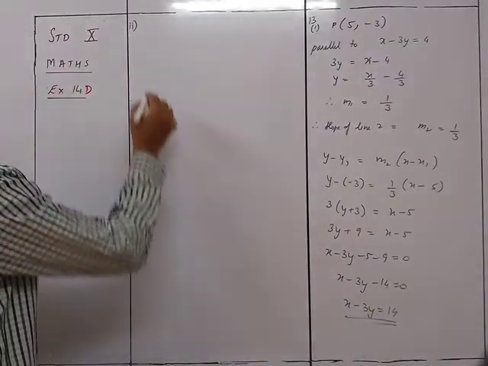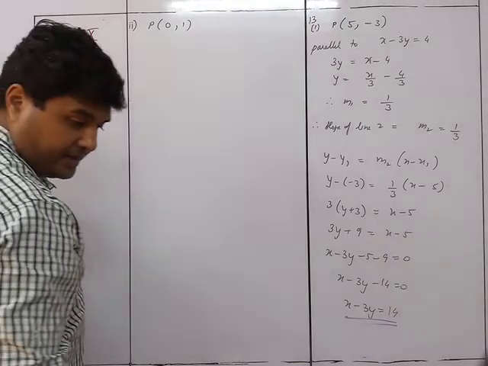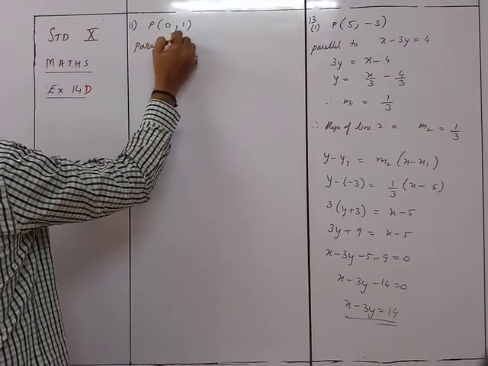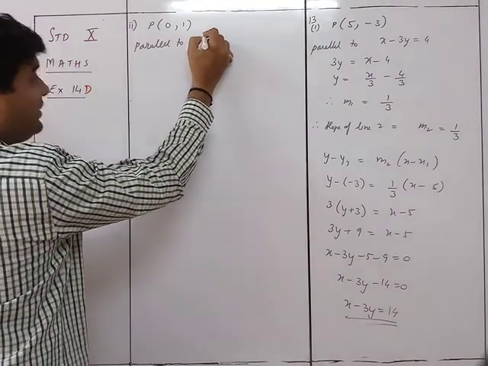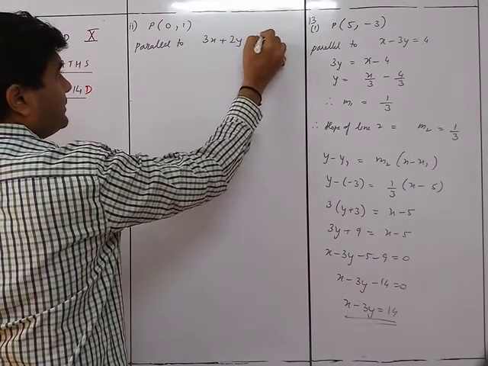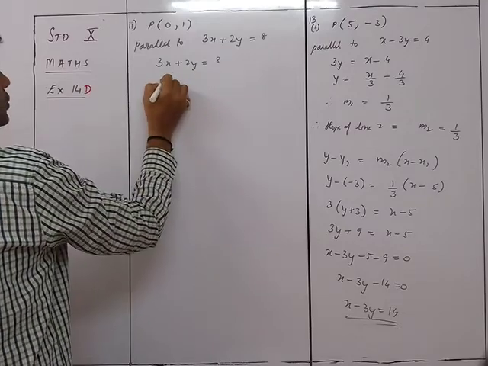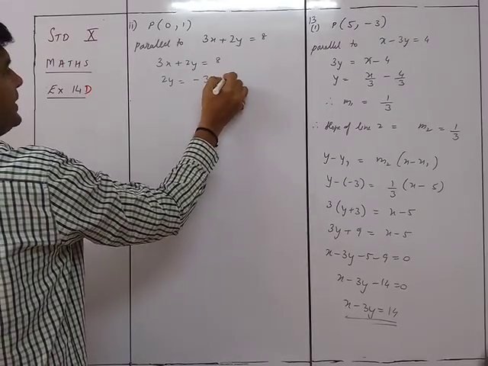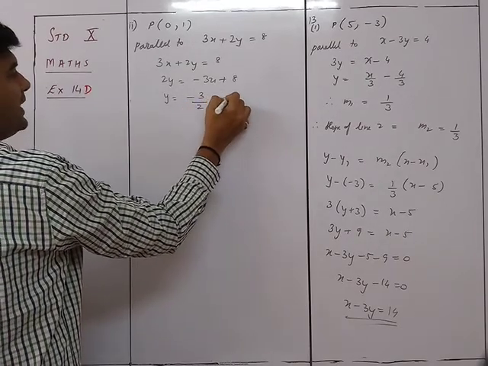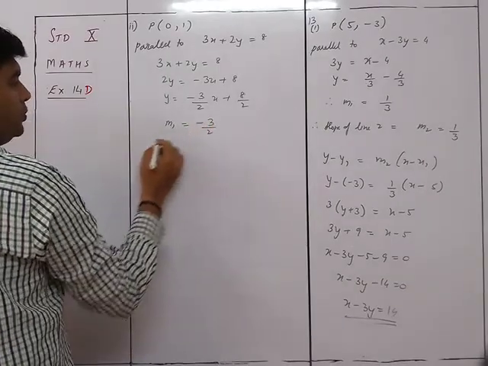So point P is (0, 1) and it is parallel to 3x plus 2y is equal to 8. So 2y is equal to minus 3x plus 8, or y is equal to minus 3 upon 2 x plus 8 upon 2. Accordingly, m1 is equal to minus 3 upon 2.